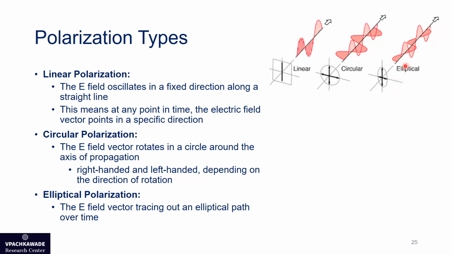So remember, polarization means we always focus on the E field vector of an electromagnetic wave, and based on how the vector oscillates, we define it as linear, circular or elliptical.